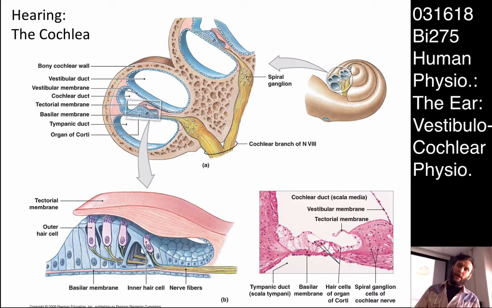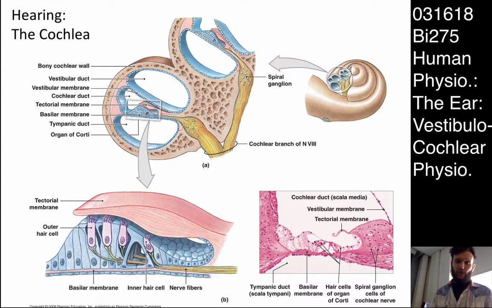Corti is an eponym that refers to the anatomist that first described this structure. If we look at it, they're emerging from the basilar membrane that separates the tympanic duct from the cochlear duct.